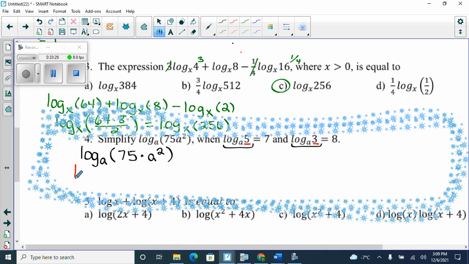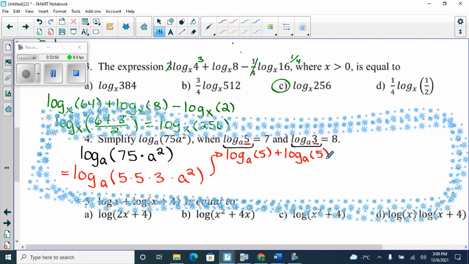So you're going to get log base A of 5 times 5 times 3 times A squared. And then I can separate them. So I'll get log base A of 5 plus log base A of 5 plus log base A of 3 plus log base A of A squared.